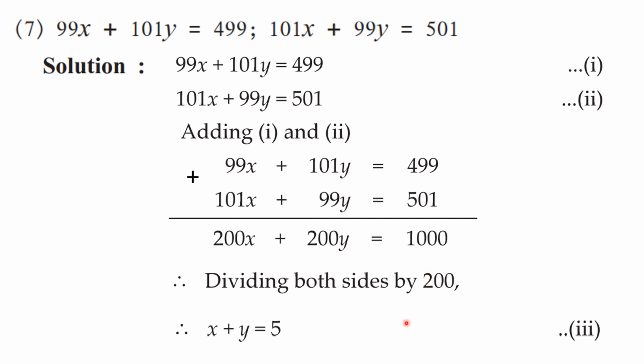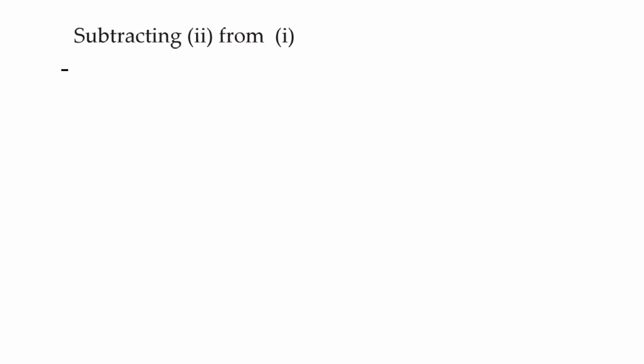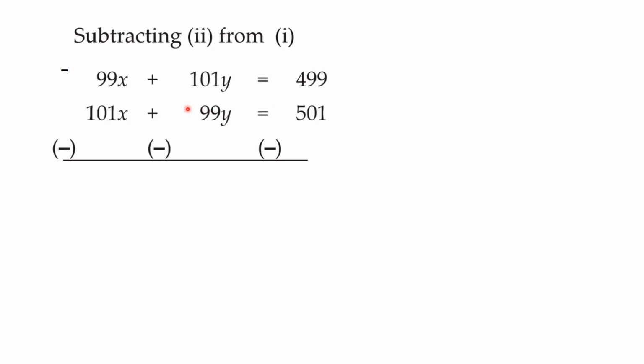Here, equation 1 is written on top, 99x plus 101y is equal to 499, and the second equation is written below. This minus sign stands for subtraction.